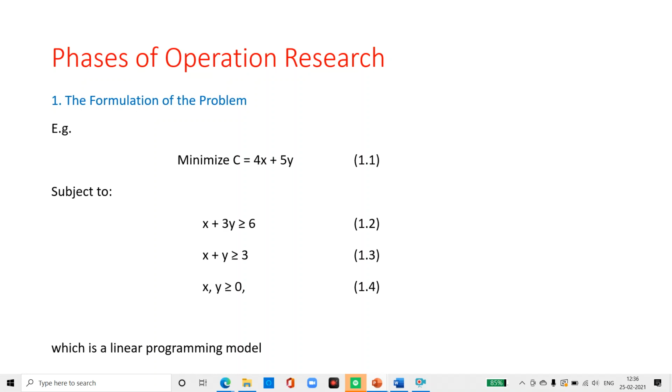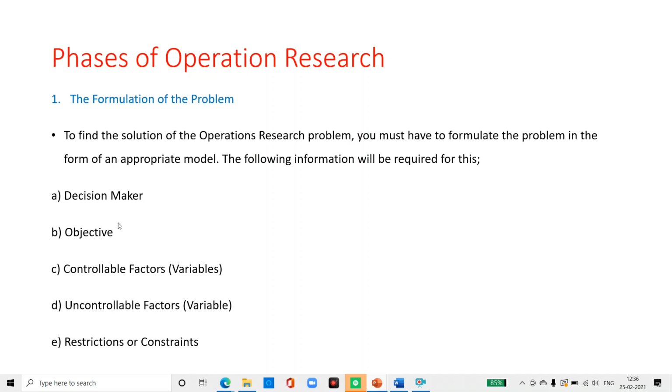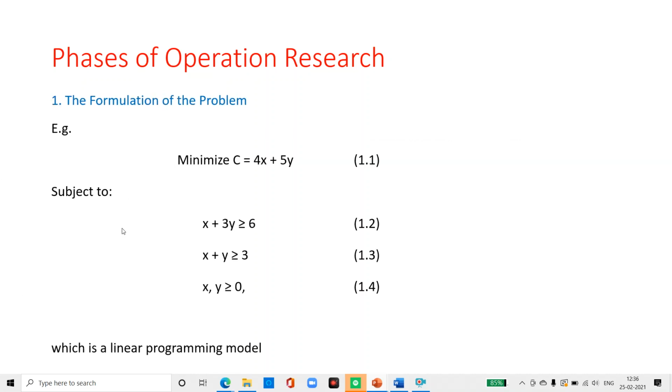So this objective function is to minimize c equal to 4x plus 5y. The subject-to equations, x plus 3y greater than or equal to 6, and the others, these are called the structural constraints. Okay, structural constraints.